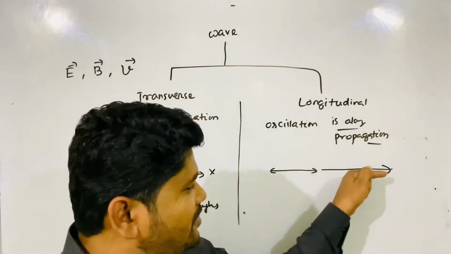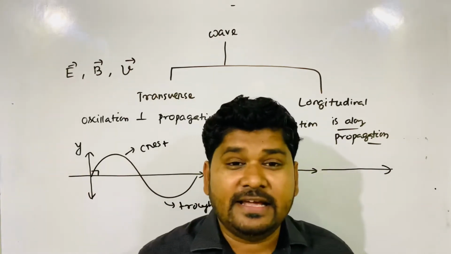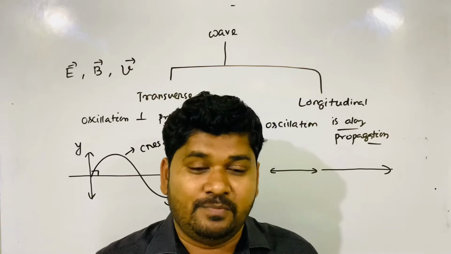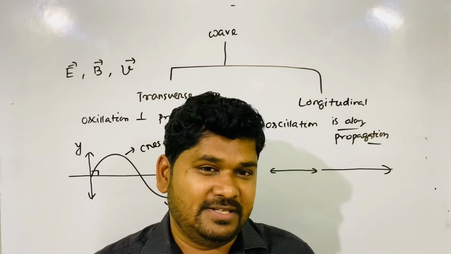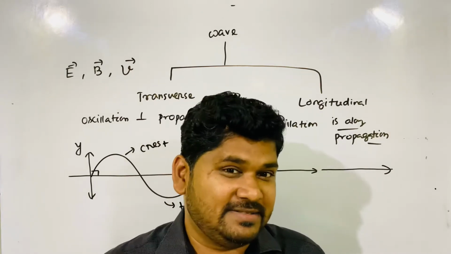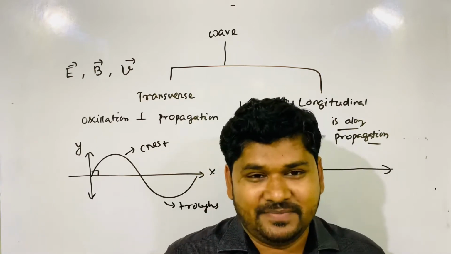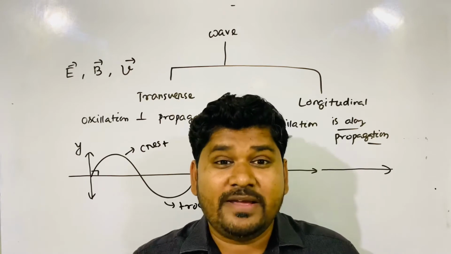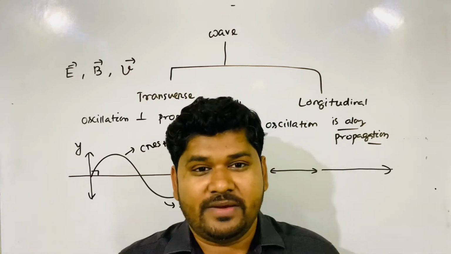Oscillation and propagation are in the same line, then it is called a longitudinal wave. Both are in the same direction. The question comes to your mind, sir, please give us an example. The best example is the sound wave. Sound wave is one longitudinal wave.